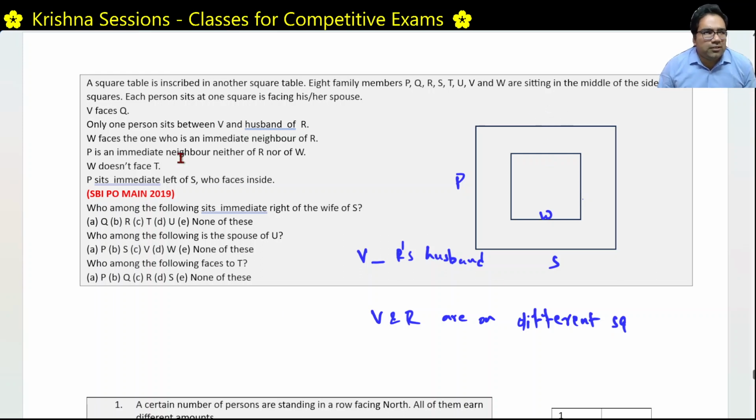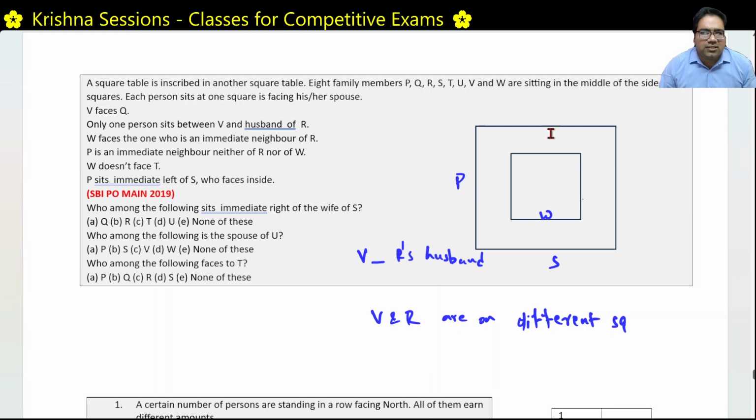How did we derive this? We derived it based on the V facing Q condition, the condition that only one person sits between V and R's husband, and that P is not an immediate neighbor of R and W. These three conditions we have taken. And then we tried to fit R in the outside circle, and only this slot is there.